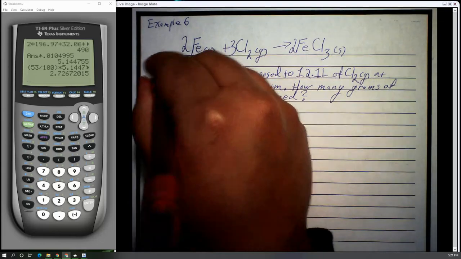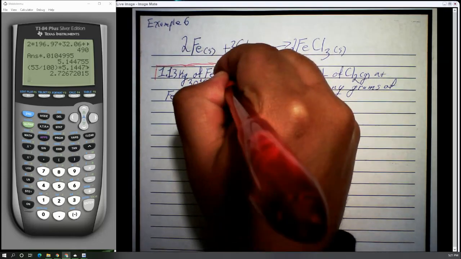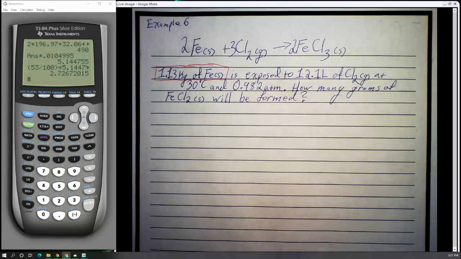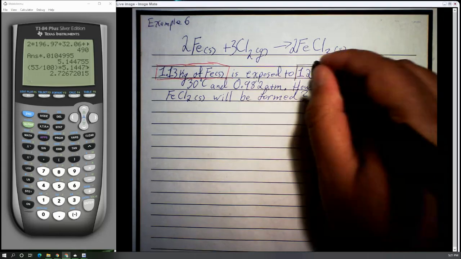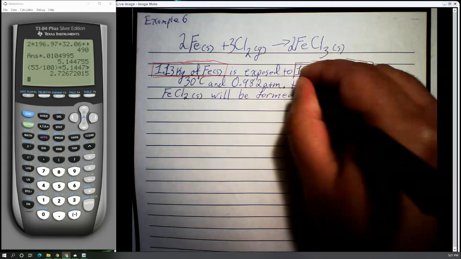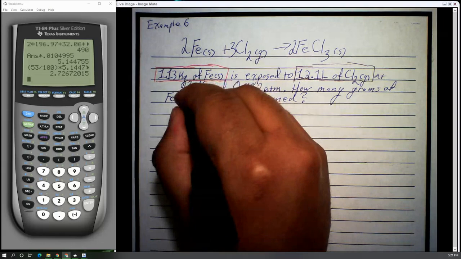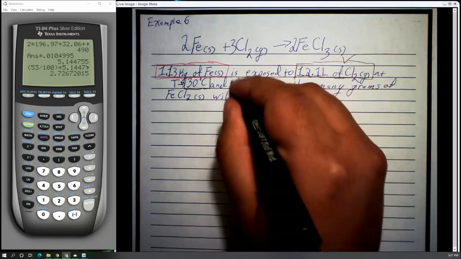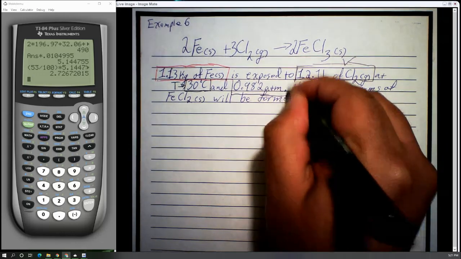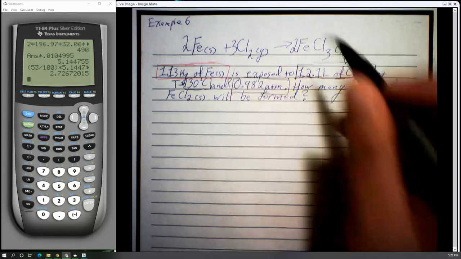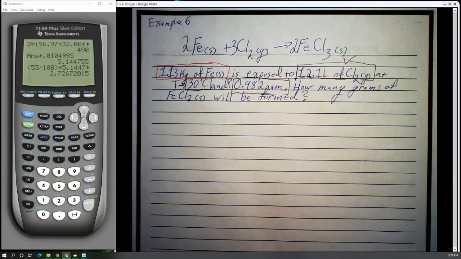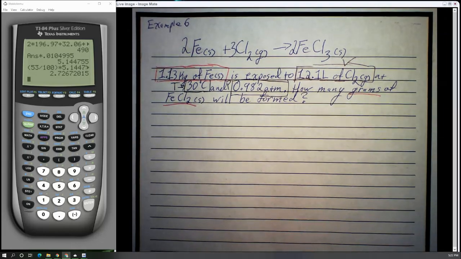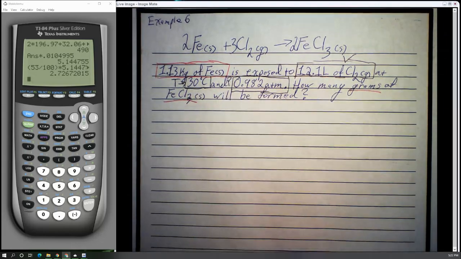So we have 1.13 kilograms of iron solid, and it's exposed to 12.1 liters of chlorine gas, so that's a lot of gas, at 30 degrees Celsius and a pressure of 0.982 atmospheres. So we want to know how many grams of the iron 3 chloride should be formed.